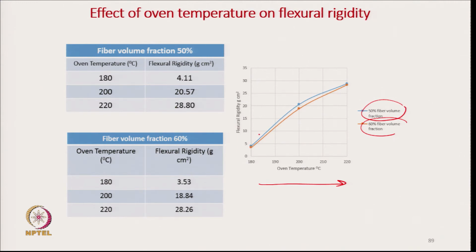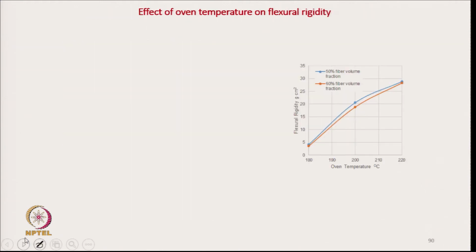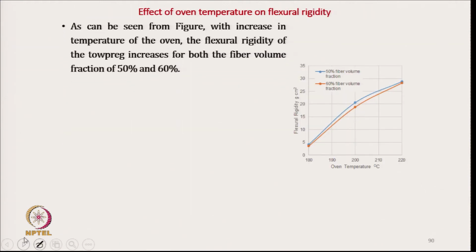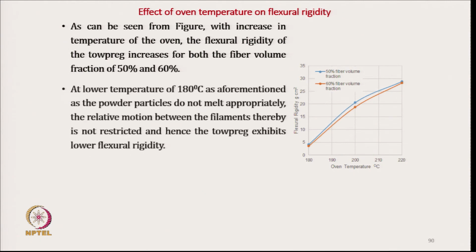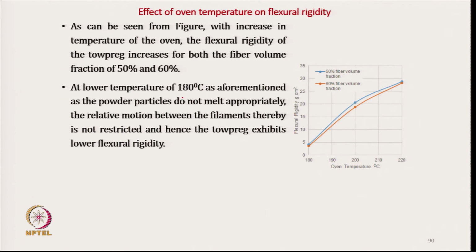So, there is a consistent increase in flexural rigidity, and both 50% and 60% we have observed. At lower temperature, 180 degrees Celsius, the powder particles do not melt appropriately.